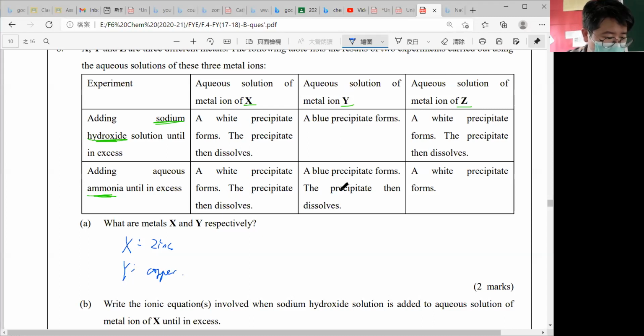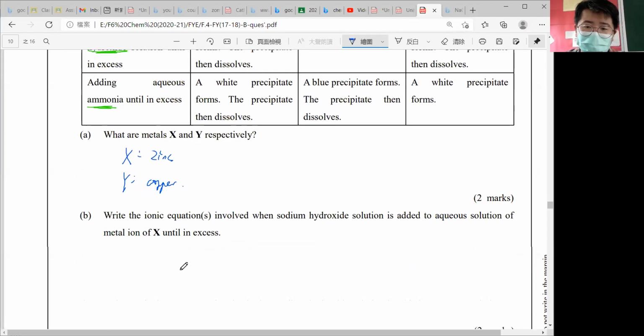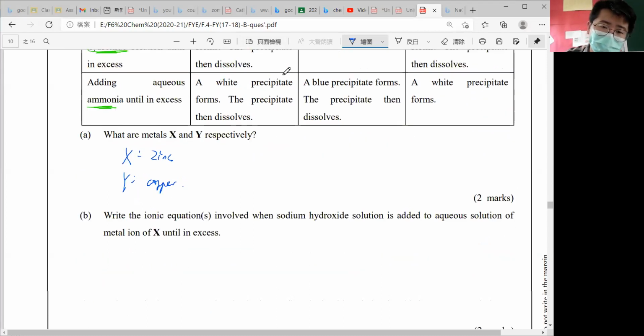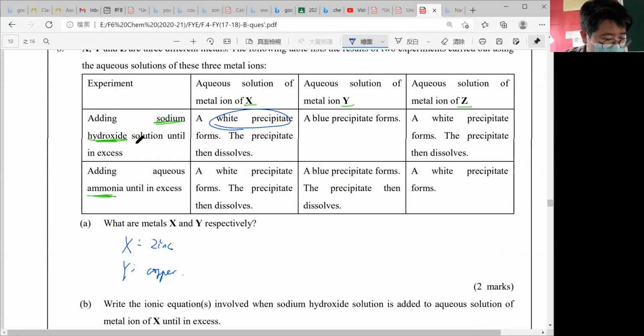What is the evidence? You may show the equation to tell me. The first one to relate is the white precipitate forming for X when I put it into alkaline.